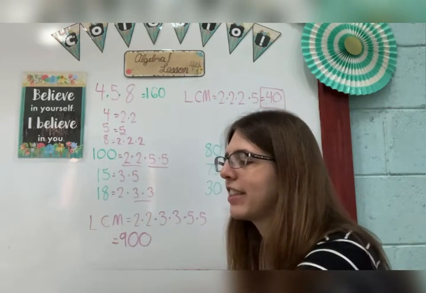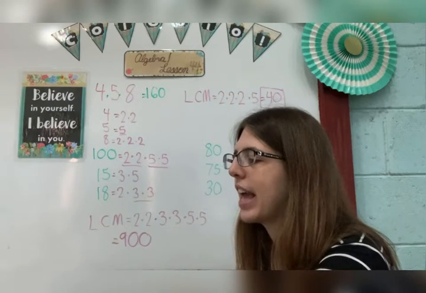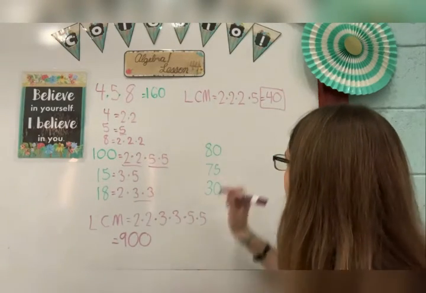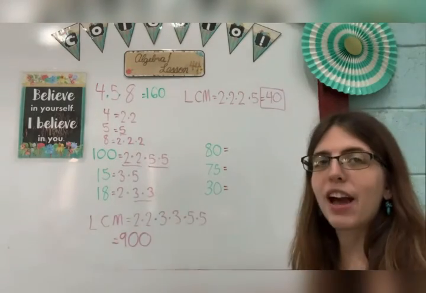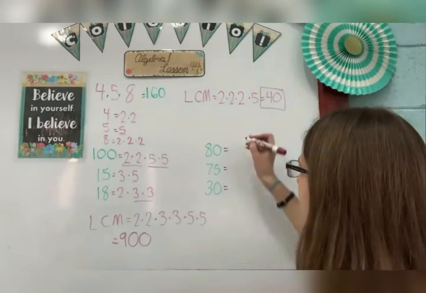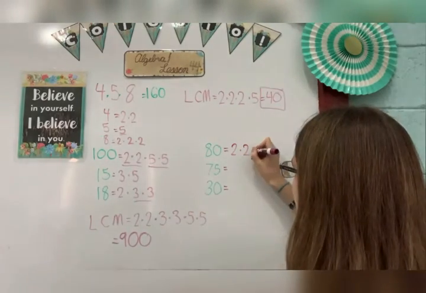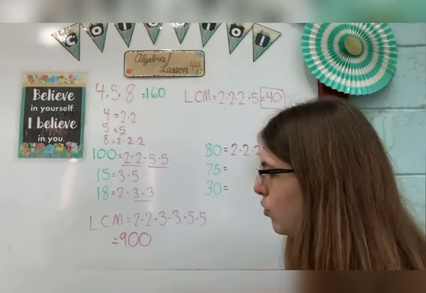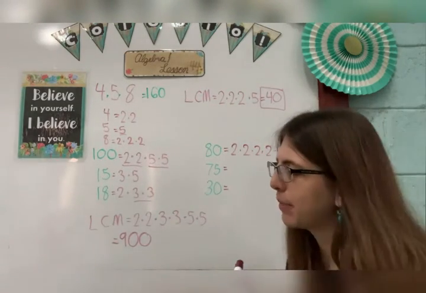All right, let's look at the least common multiple of 80, 75, and 30. Start by writing out our prime factors. The prime factors of 80 are 2 times 2 times 2 times 2 times 5.